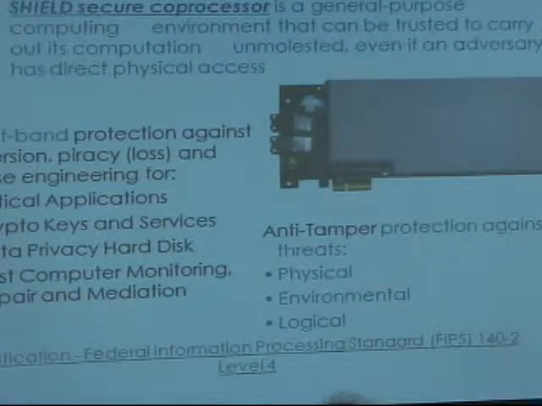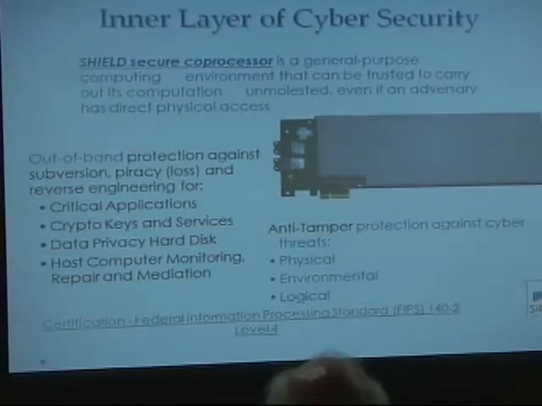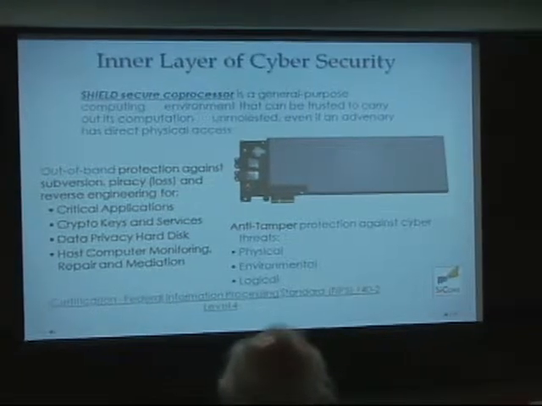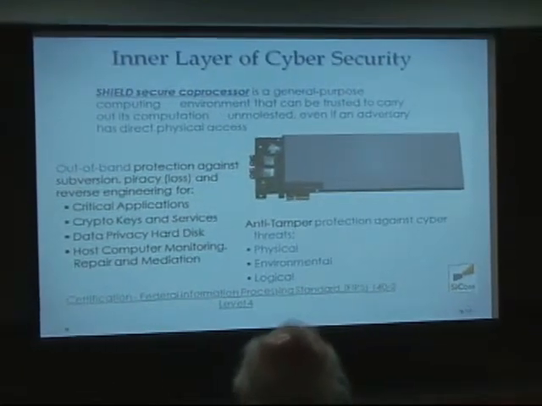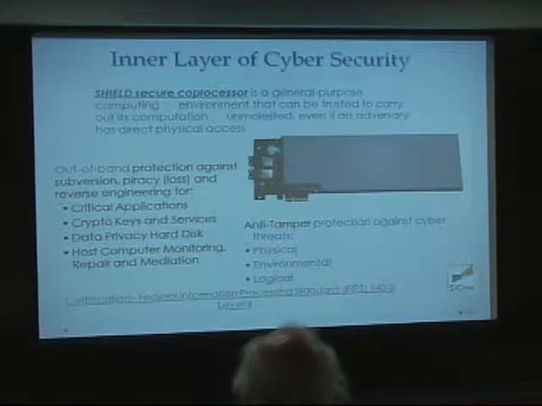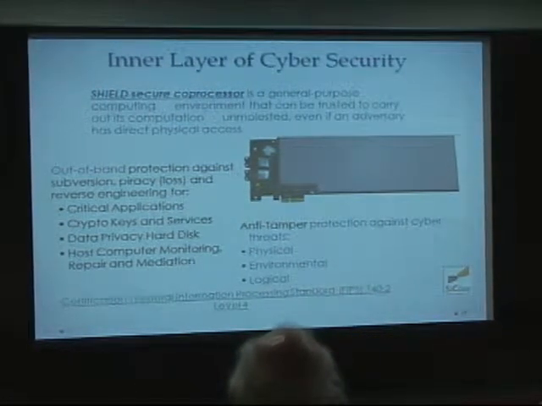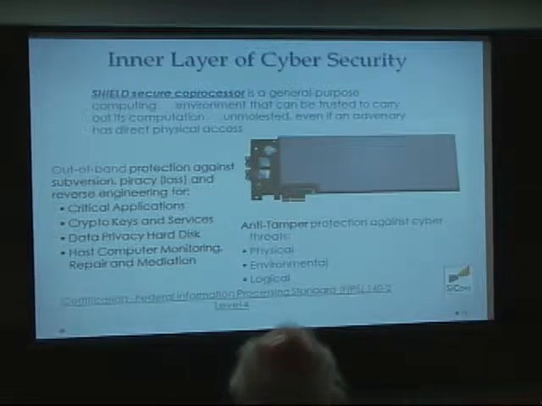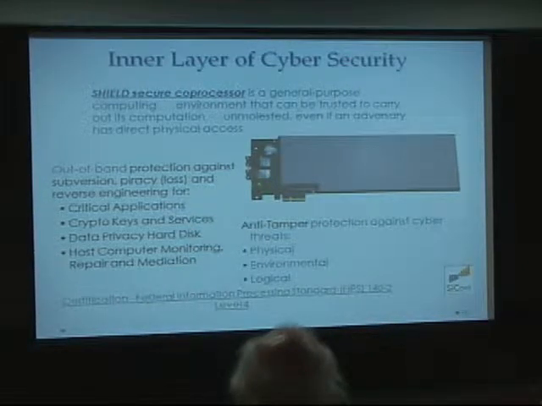Those chips that you saw get encased in an epoxy, with a membrane sensor on it, so that if somebody tries to probe it, we know it's being probed. It has temperature sensors, power sensors, and sensors for ionization. So if you try to look inside this card with an X-ray machine, the card knows it's being X-rayed and will take protective actions.